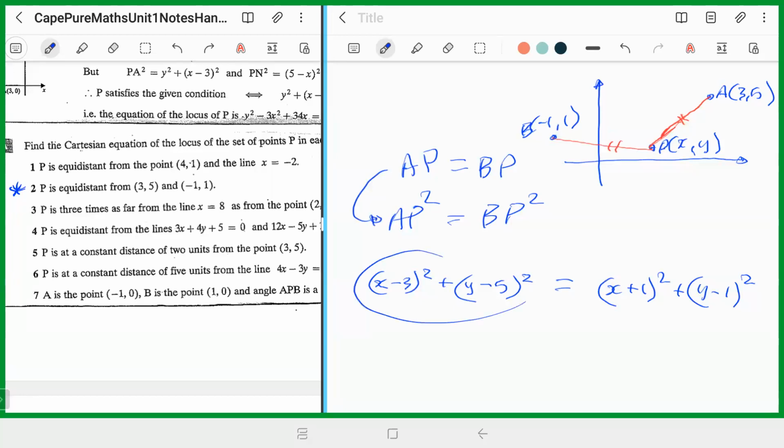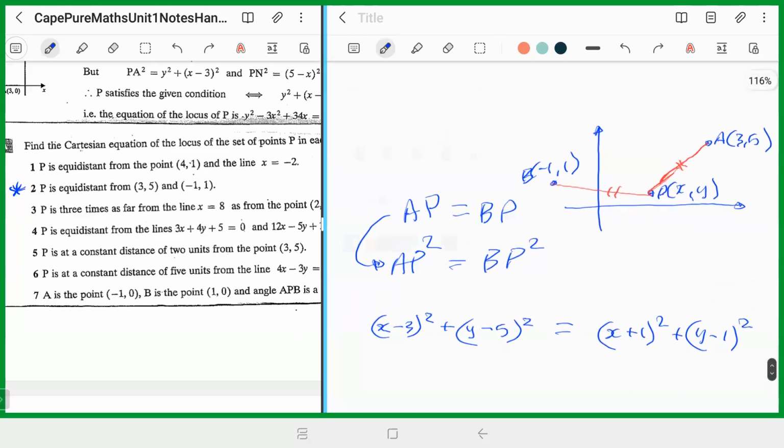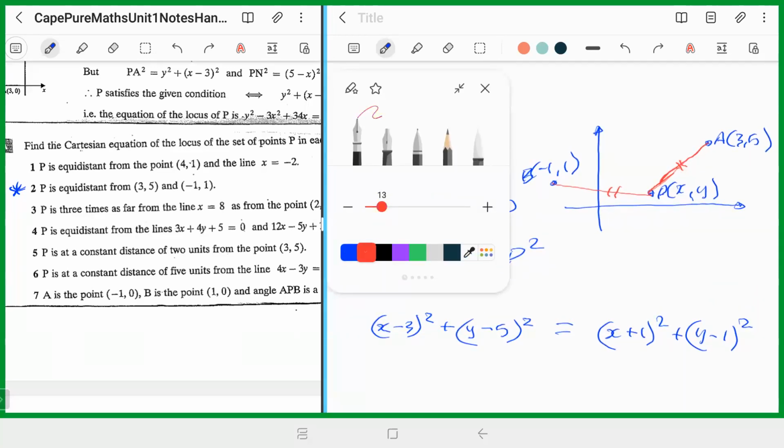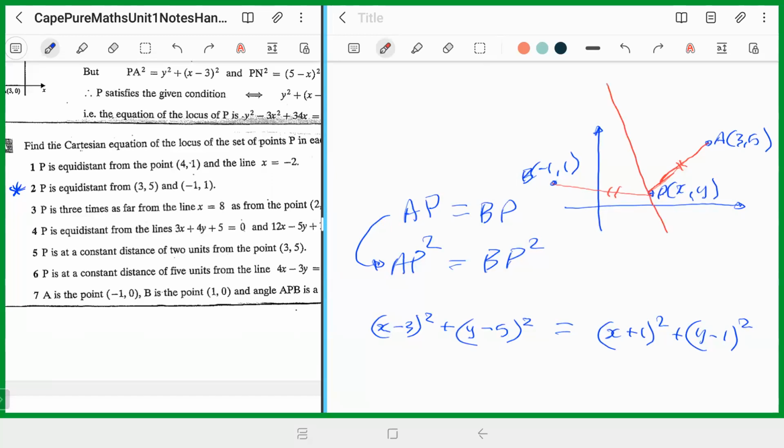That becomes a locus. You just need to expand it, simplify and solve. And what you're going to get really is that you're on a perpendicular bisector between the 2 points.